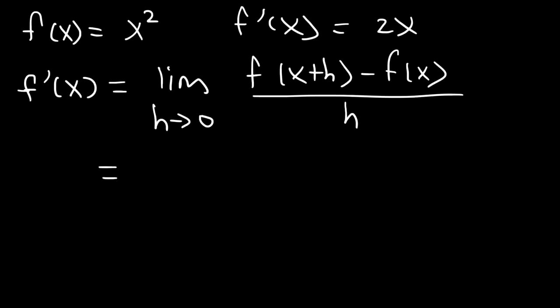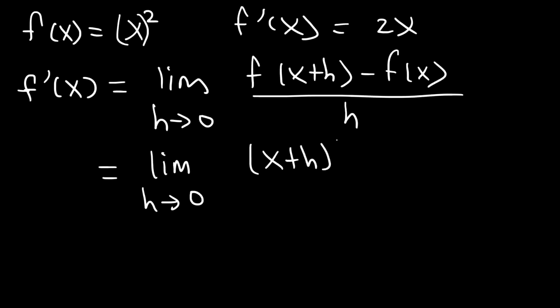So how do we apply this equation? Well, we know that f of x is simply x squared, but what is f of x plus h? To find it, all you need to do is replace x with x plus h. So it becomes x plus h squared instead of x squared. F of x is just x squared. And now you just got to evaluate the limit.